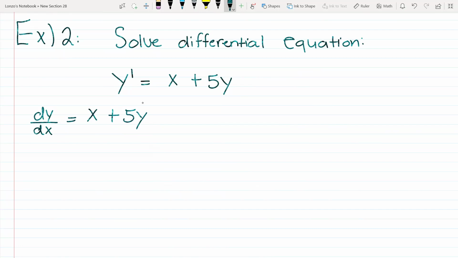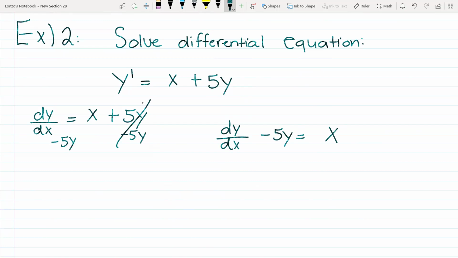So I'm going to subtract 5y. This cancels, so you're left with dy dx minus 5y equals x. Okay, so now it is technically in standard form.